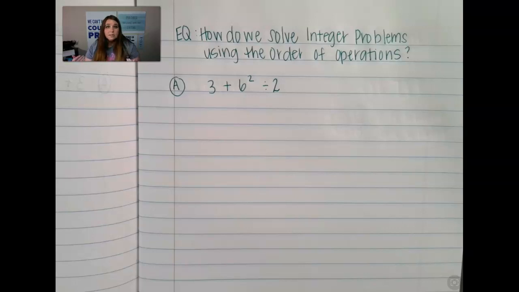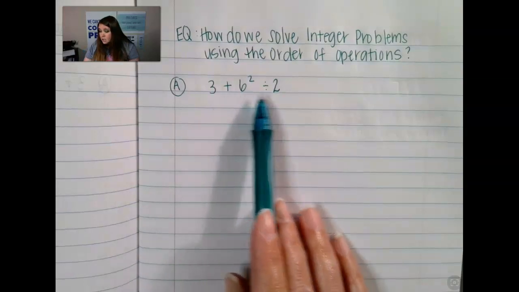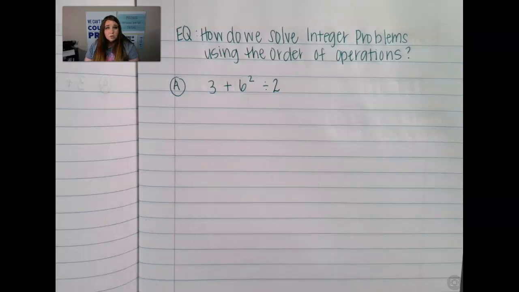We follow rules in math, and one of the rules that we follow is the order of operations. This means that when we see more than one operation, like here I have addition, an exponent, and division, I have to go in a certain specific order. If I don't go in that order, then I will not solve this problem correctly.